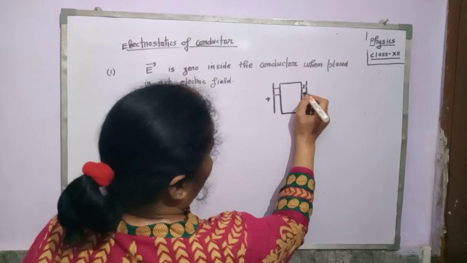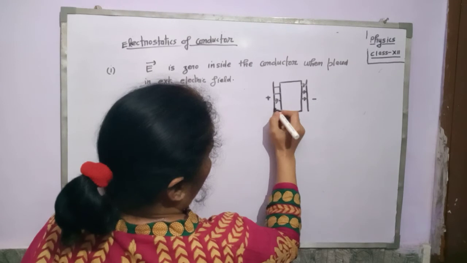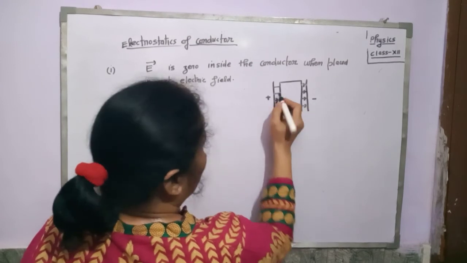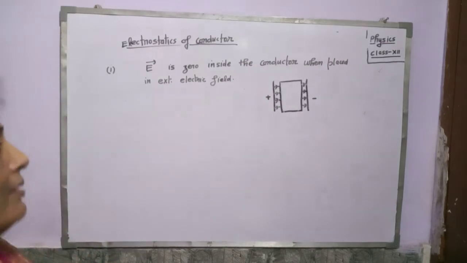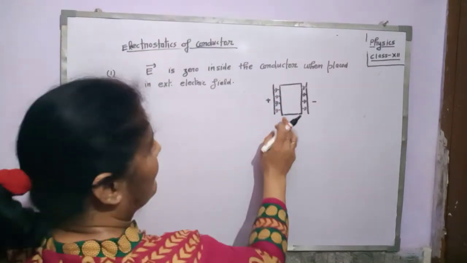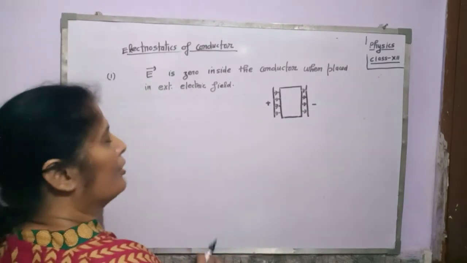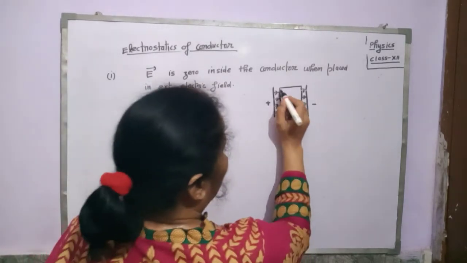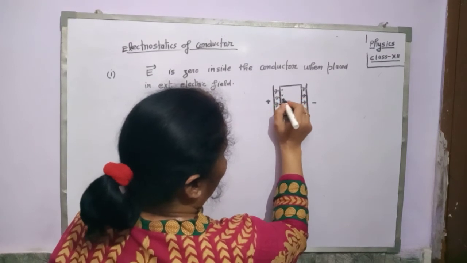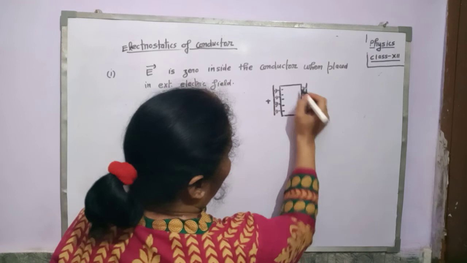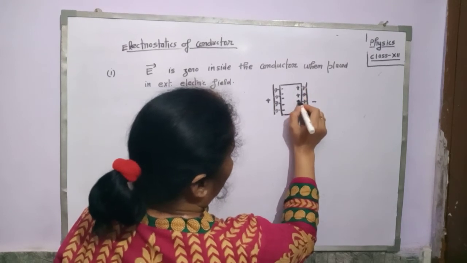Now, due to induction, since this plate is positive and the face of the conductor is very close to this plate, this end becomes negatively charged, and the other far end becomes positively charged.